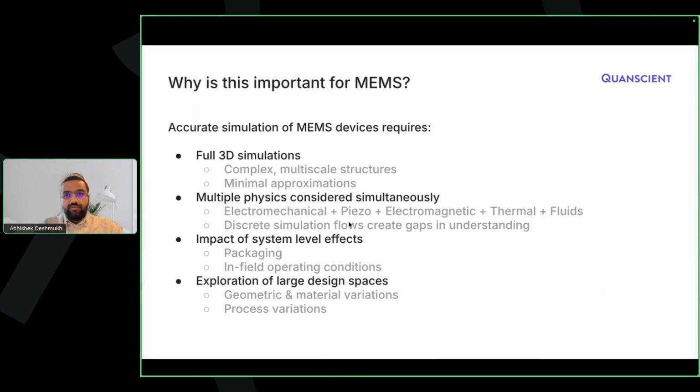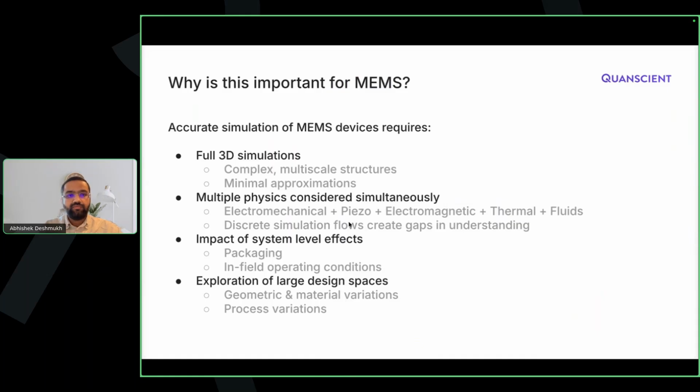And MEMS devices inherently include quite a variety of physical processes underlying their operation, including piezoelectric, electromechanical, thermal, fluids, and all these physical processes act together, and need to be coupled in a consistent way in a finite element framework.